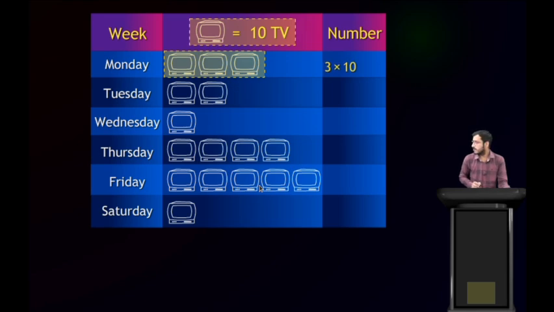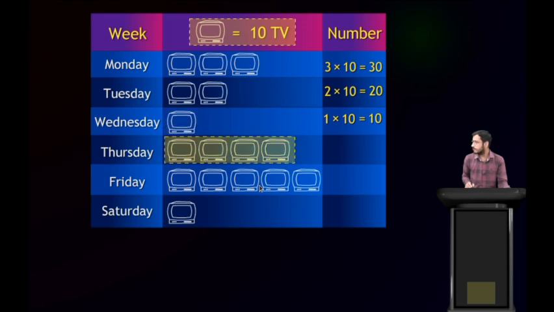Can you tell me the production on Monday? Yes, 3 into 10, that is 30. Tuesday, 20. Wednesday, 10. Thursday, 4 into 10, 40. Friday, 5 into 10, 50.